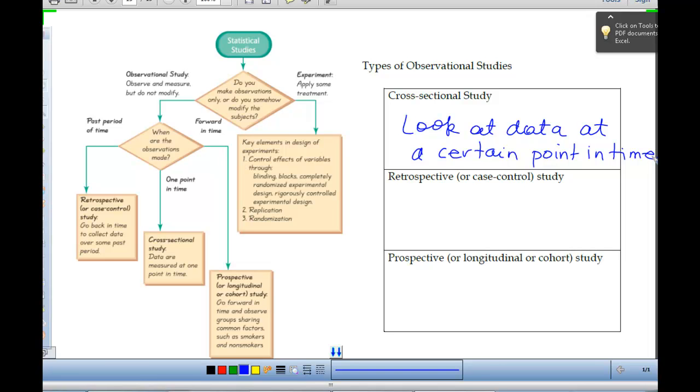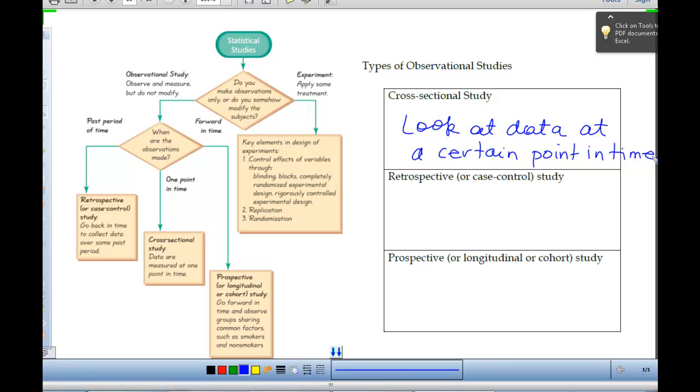Okay. For instance, suppose we're interested in getting some information about the number of parking spots that we need here on campus. And so we might, at the beginning of each month, look to see how many cars are in the lot at a particular time. Okay, so that's cross-sectional. We're looking at data not along and along necessarily, but at a particular point in time.